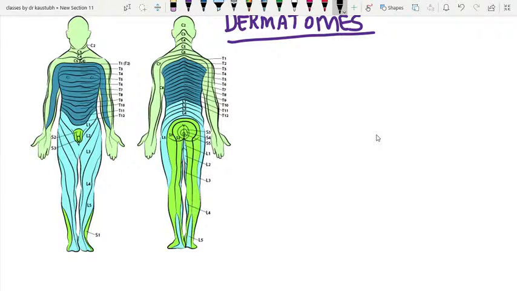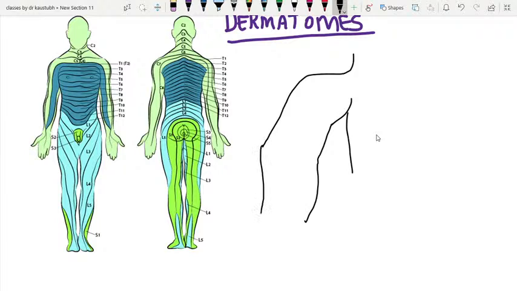Let's have a look at an upper limb, suppose. Okay, this is the neck, this is the shoulder, this is the arm. This is the trunk, this is the arm, then you have the forearm, and after the forearm you are having the lateral finger, that is the thumb, index finger, middle finger, ring finger, and the little finger.